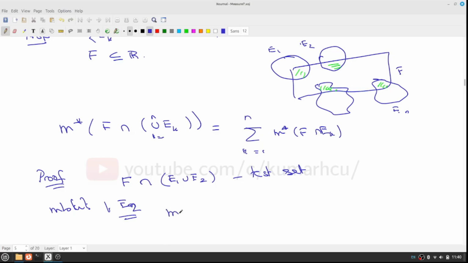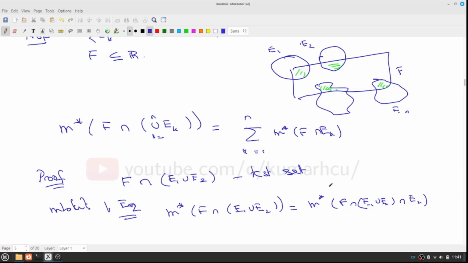Then what will I have? m star of F intersection E1 union E2, this is my test set, is equal to m star of F intersection E1 union E2, and then take the intersection with E2. You understand this? So I have E1 union E2, take the intersection, and then take the intersection with E2.